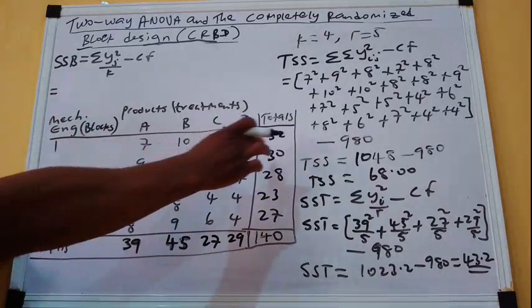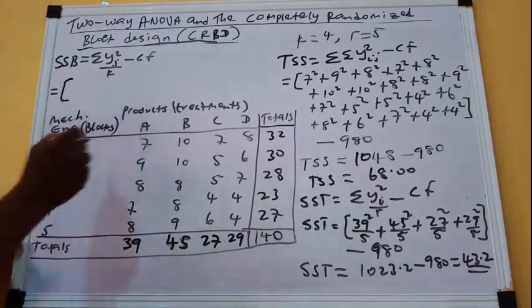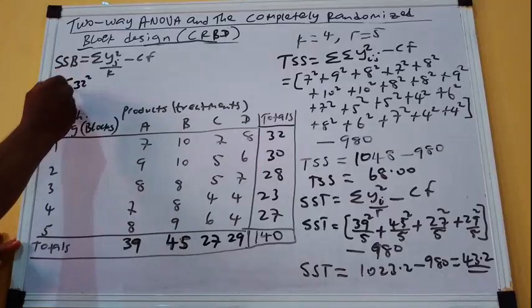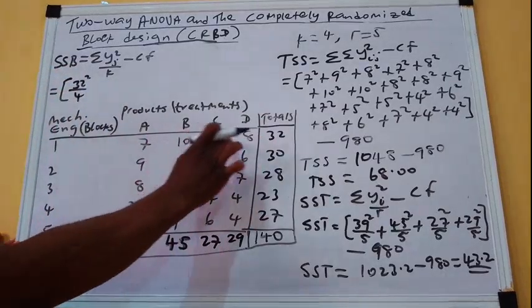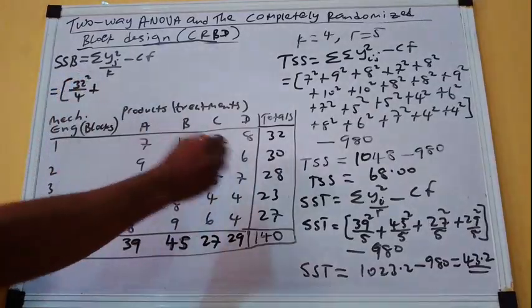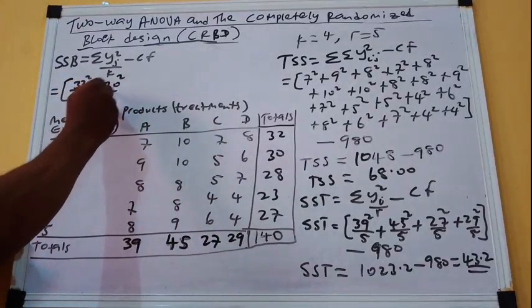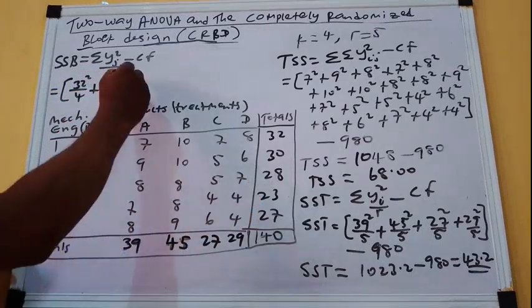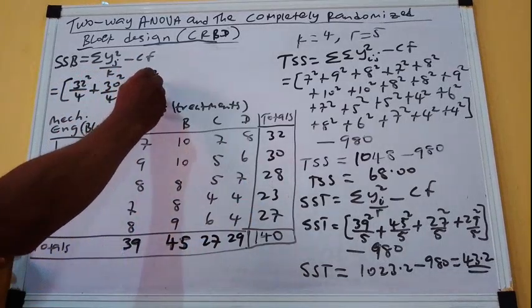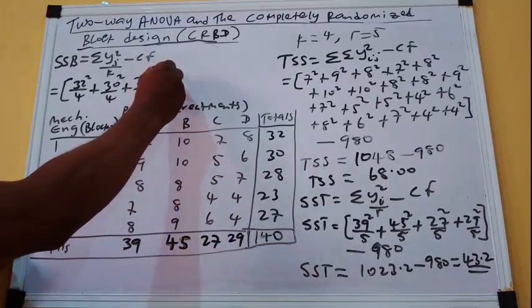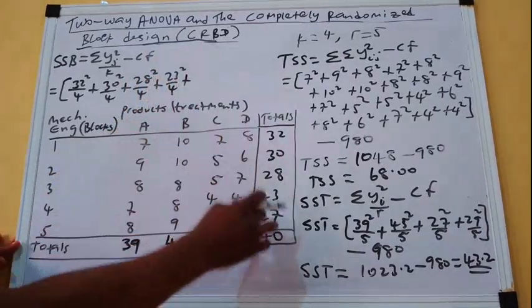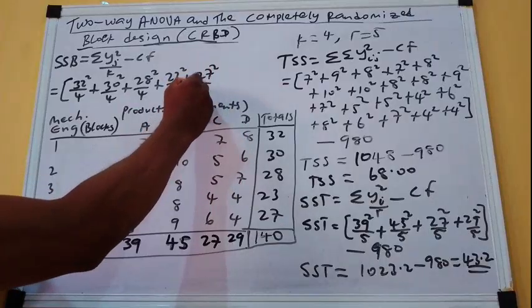So this will now be the first total here. You open the bracket, it will be 32 square all over 4. 1, 2, 3, 4. So plus the next one is 30 square all over 4. Plus the next one is 28 square all over 4. The next one is 23 square all over 4. Plus the next one, 27 square all over 4.